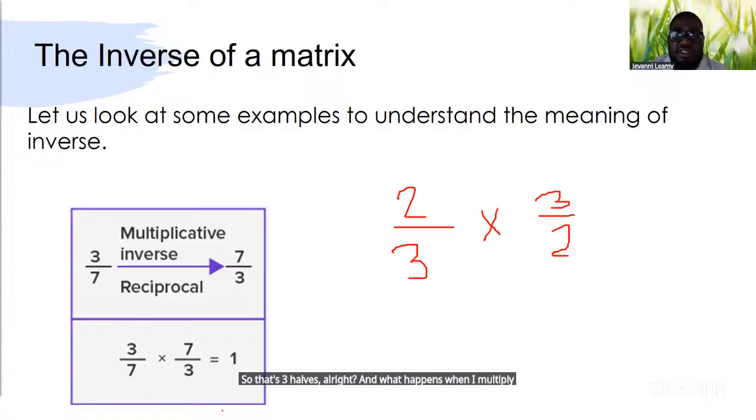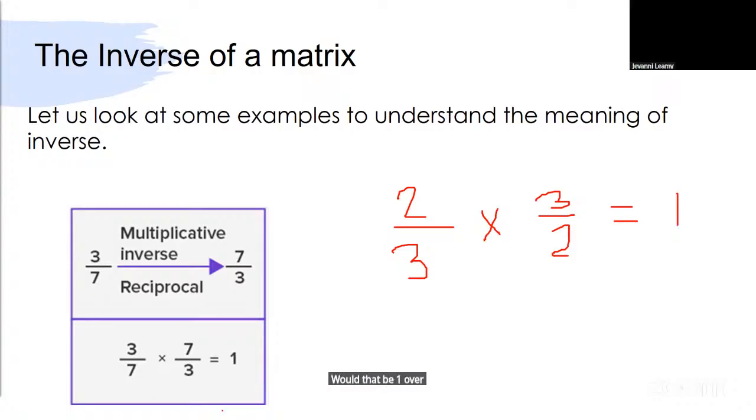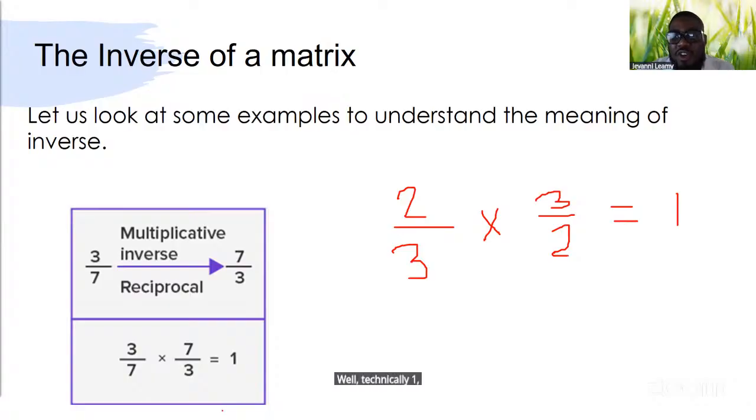What is the result? It would be 1 over 1, which technically is 1. So 1 over 1 is the same thing as 1. So 2 into 2 goes 1, 3 into 3 goes 1. Is everybody clear with that?